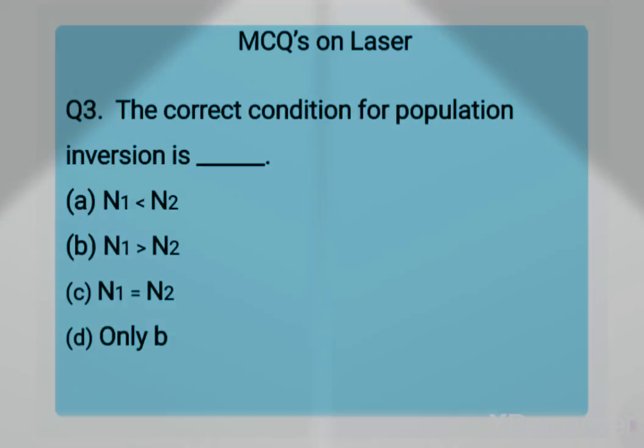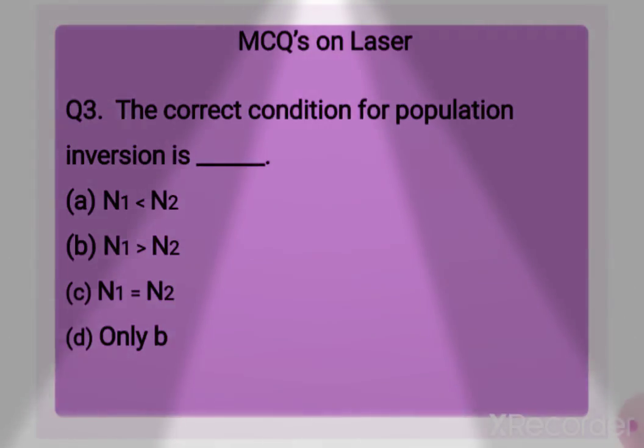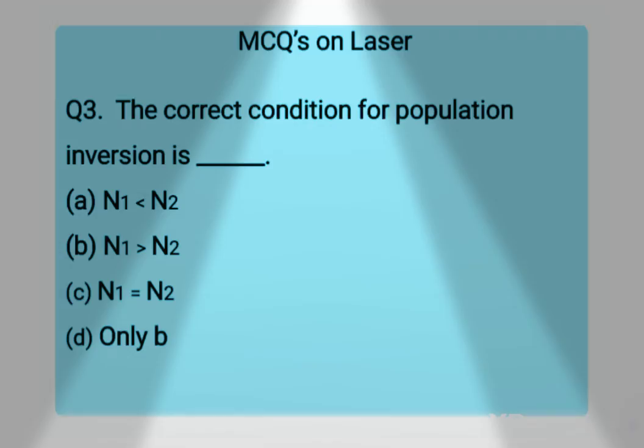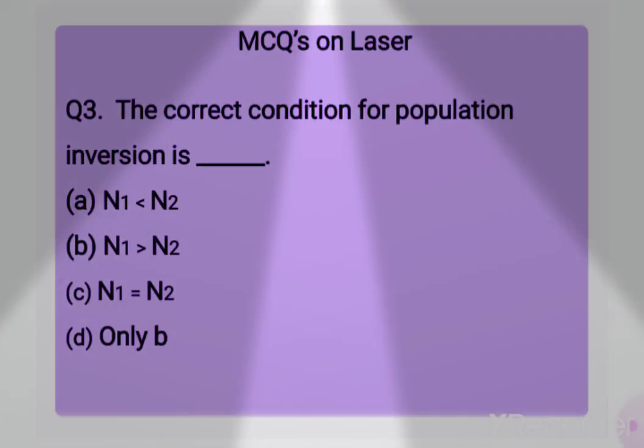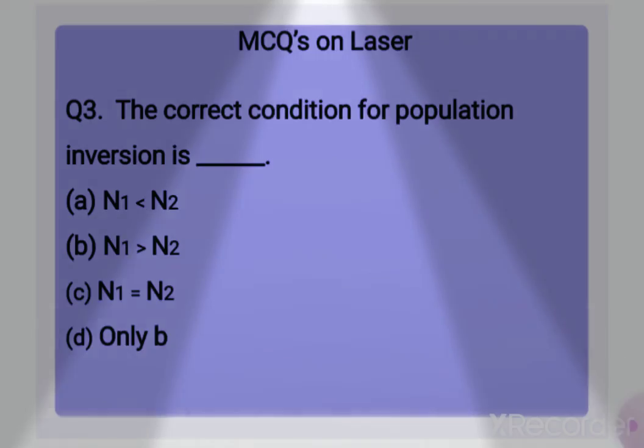Population inversion means the condition in which the number of atoms in the excited state is greater than the number of atoms in the ground state. N1 represents the number of atoms in the ground state and N2 represents the number in the excited state. So the correct condition for population inversion is A.